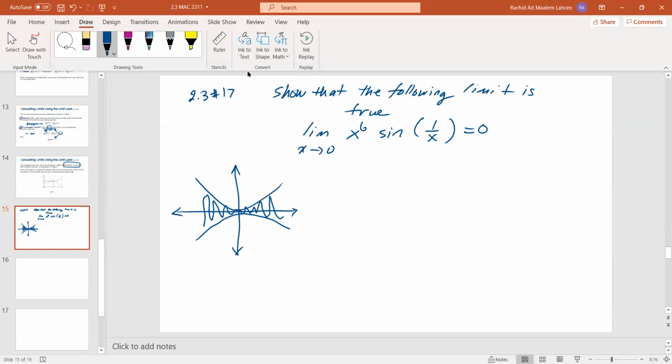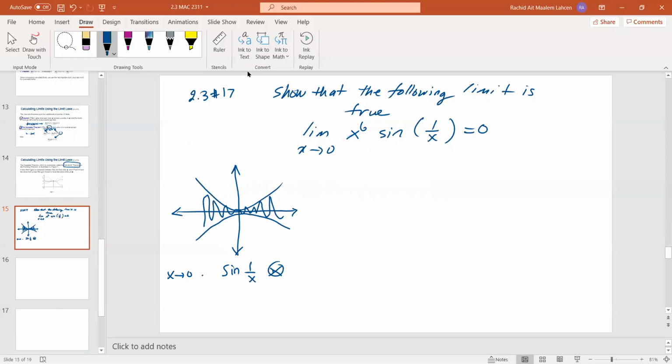But now let's look into what's happening. If you look into sine of 1 over x as x approaches 0, what happens? Well, as x approaches 0, 1 over x blows up, so you cannot calculate this, right?